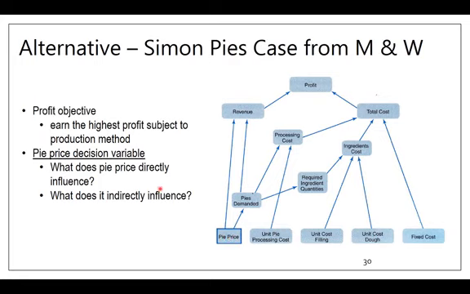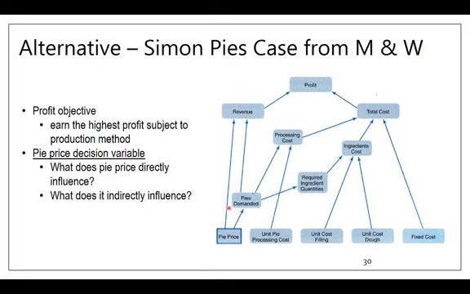The pie price directly influences something, the revenue, and then you could track away from the pie price and find out what it indirectly influences. Well, since it directly influences both revenue, because it appears in the revenue definition, and the pies demanded, the quantity part, then pie price has two effects in the revenue component, right?